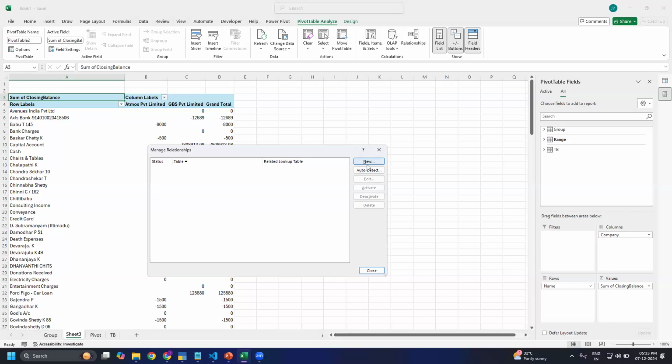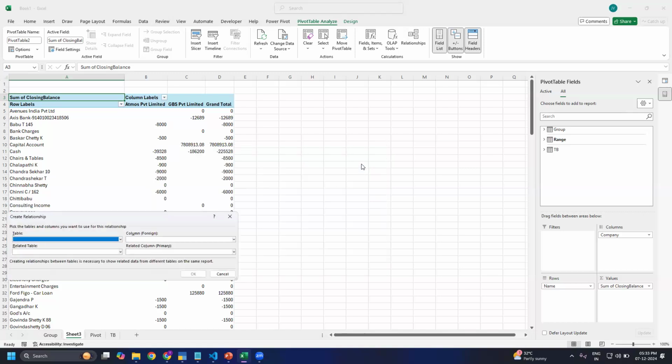We have to give a relationship here. So there are two options. It will auto detect by using the tables, or otherwise we have to click on new and give a relationship between TB and groups. So here I will select range.